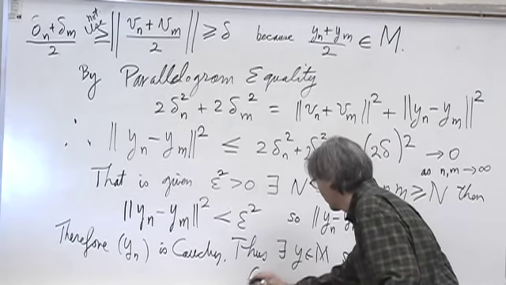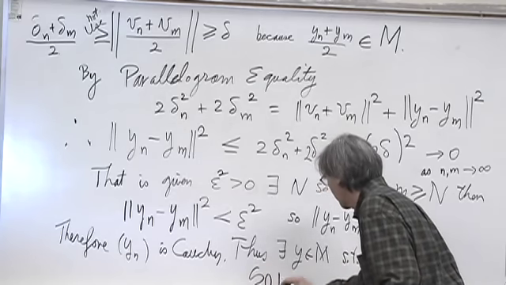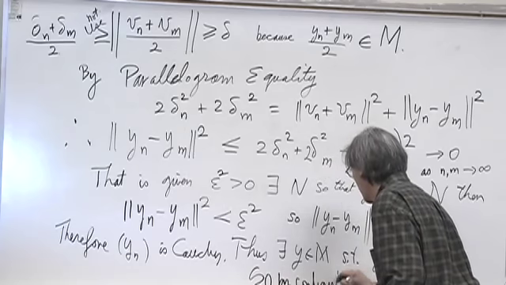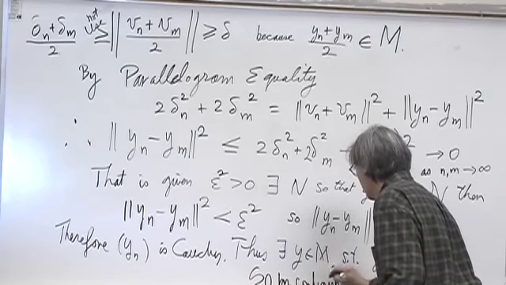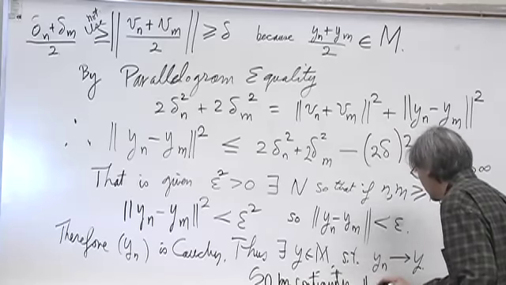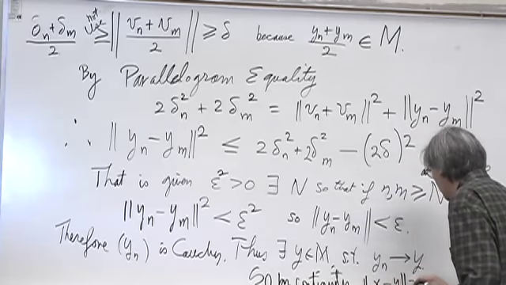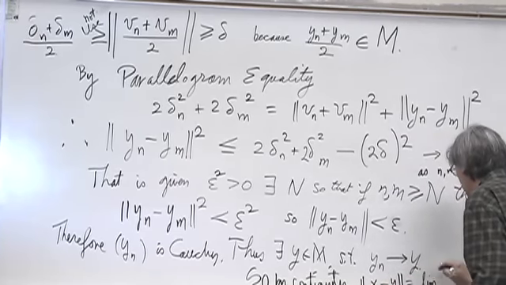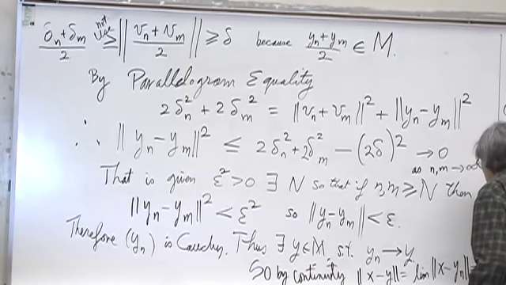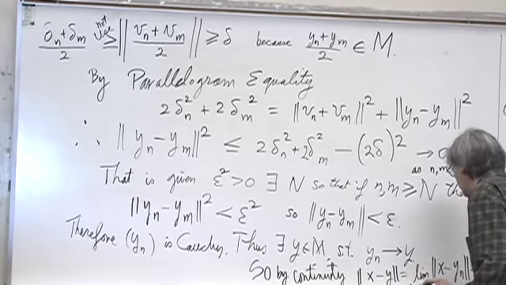So, by continuity, the norm of x minus y equals the limit of x minus yn, which equals delta, as n goes to infinity.